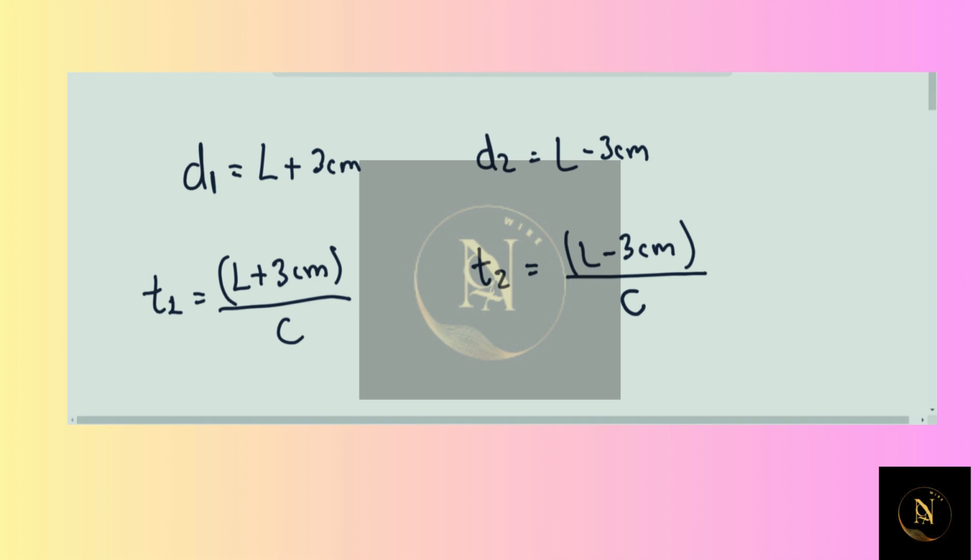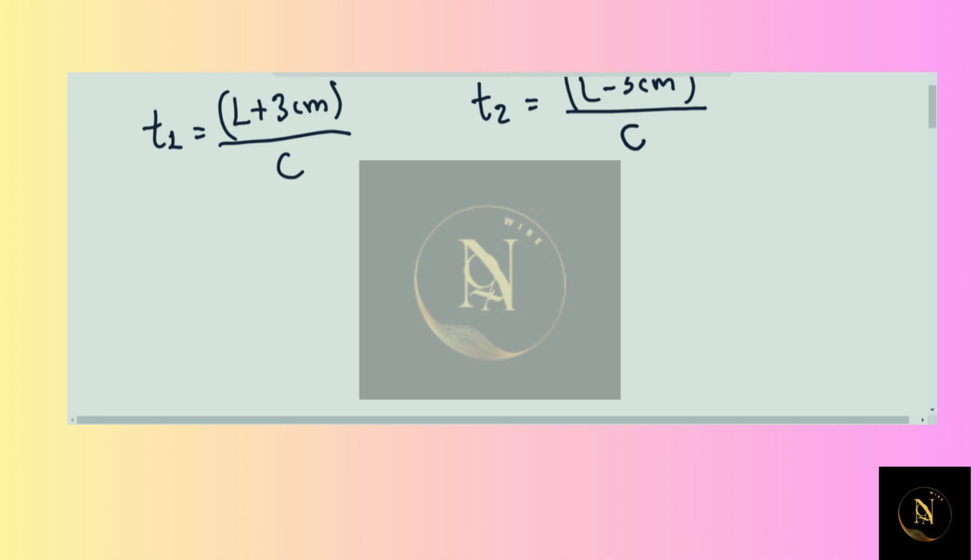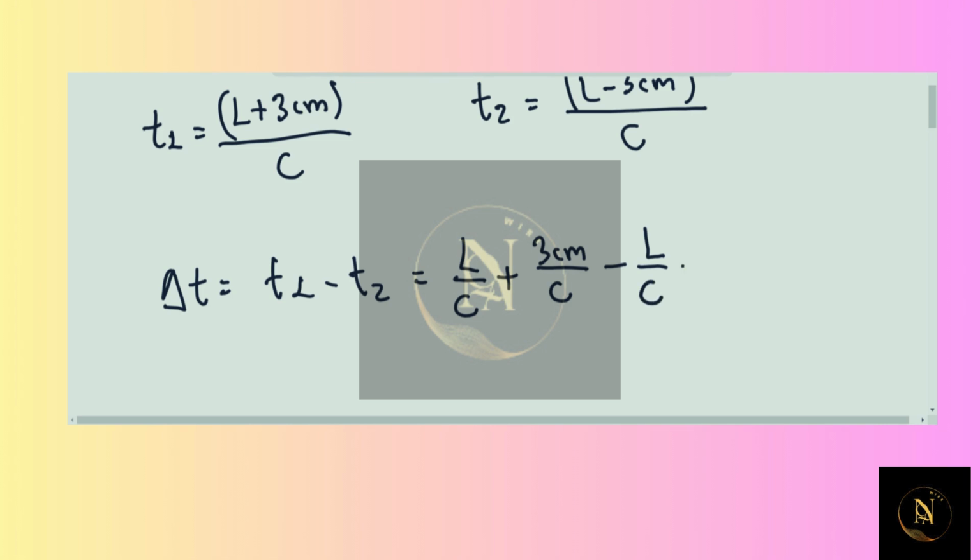So the time interval in this case is the difference between these two times. So we will have that the time interval is t1 minus t2. So we introduce these values that we obtained. For t1 we have L over c plus 3 centimeters over c. And for t2 we have minus L over c plus 3 centimeters over c.